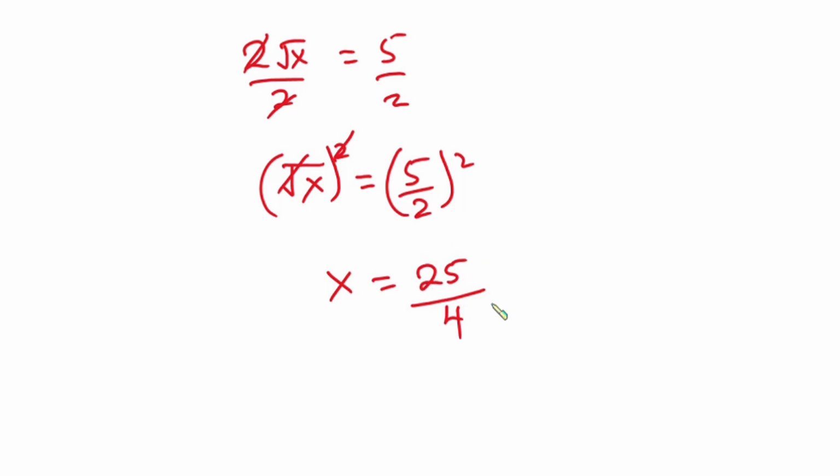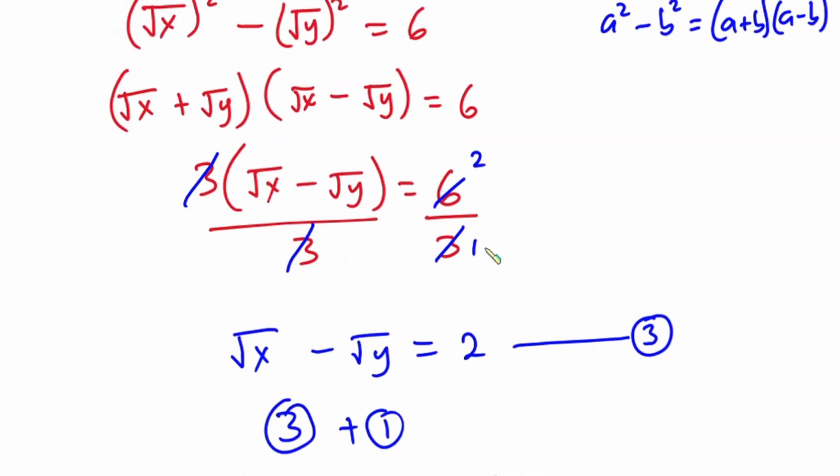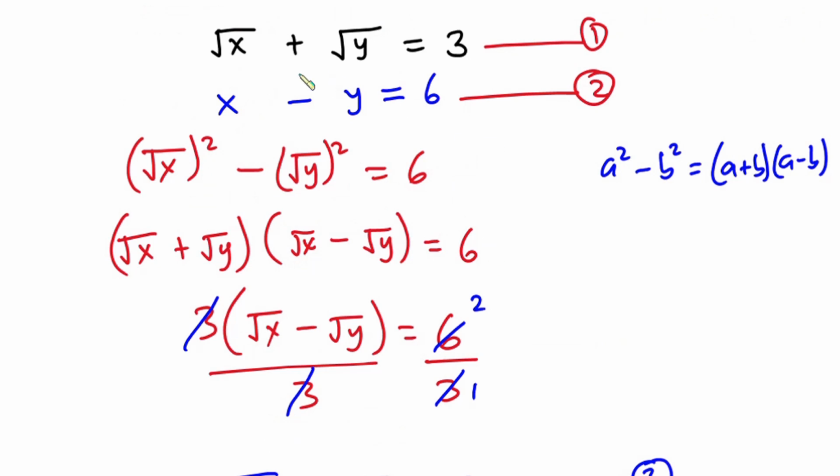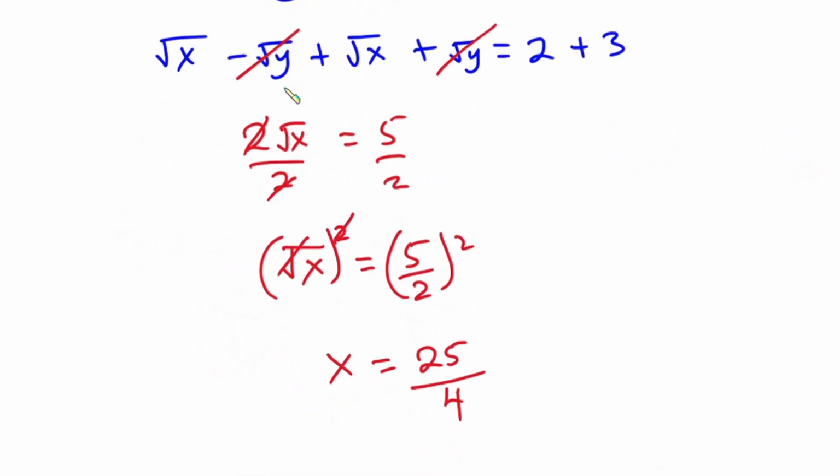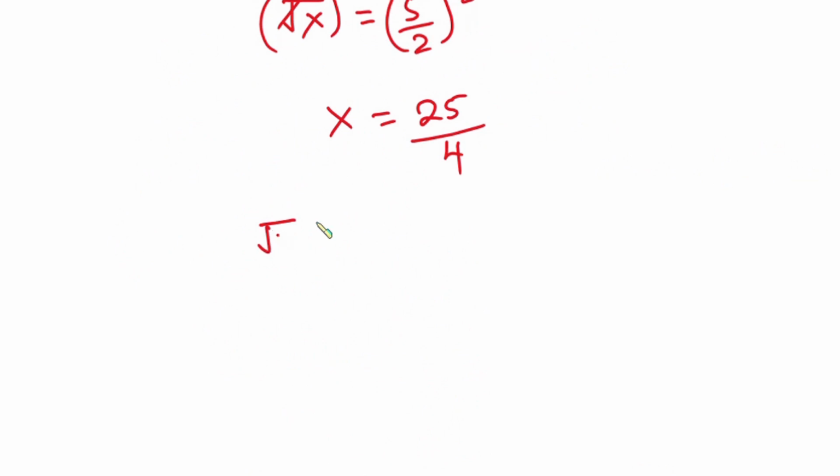Okay, now let's go ahead and substitute this value of x into any of the equations. But I'm going for equation 1. Okay, so we have square root of x plus square root of y is equal to 3. Now I'll maintain square root of y on the left hand side of the equation, then move this square root of x to the right hand side.